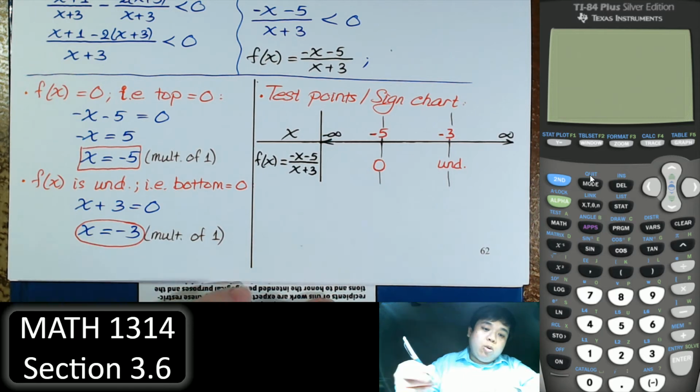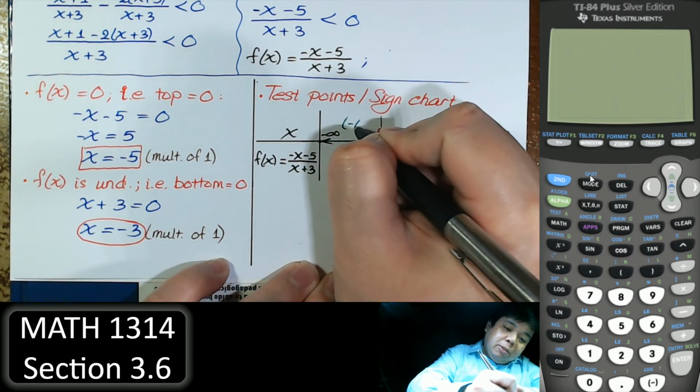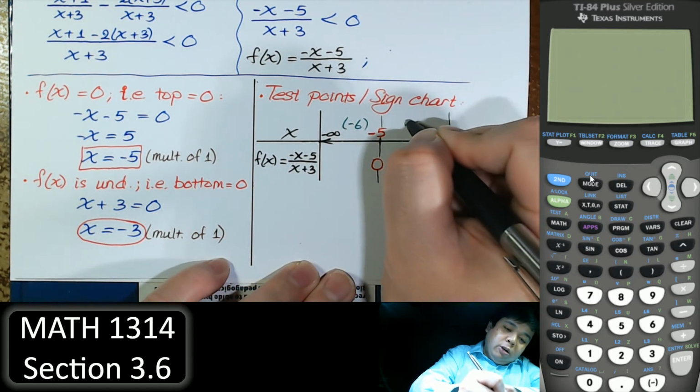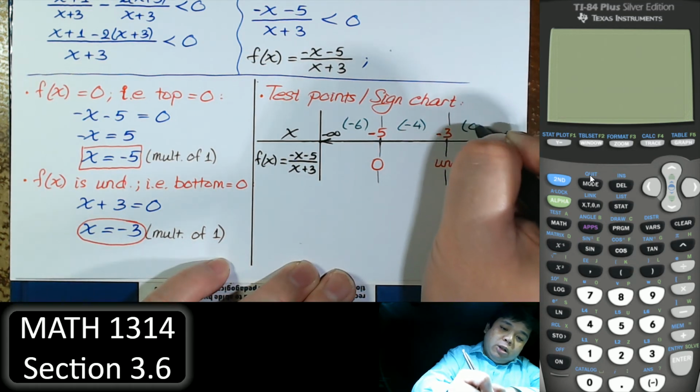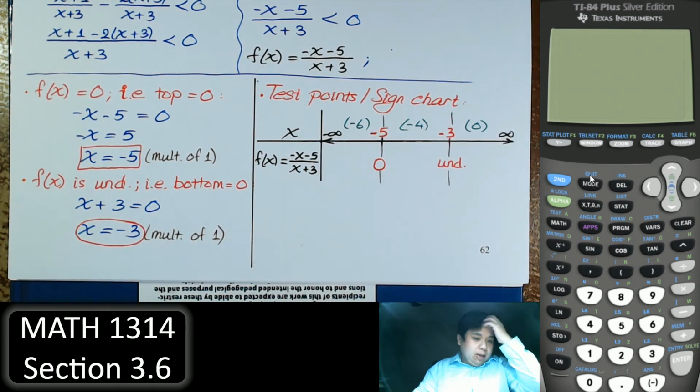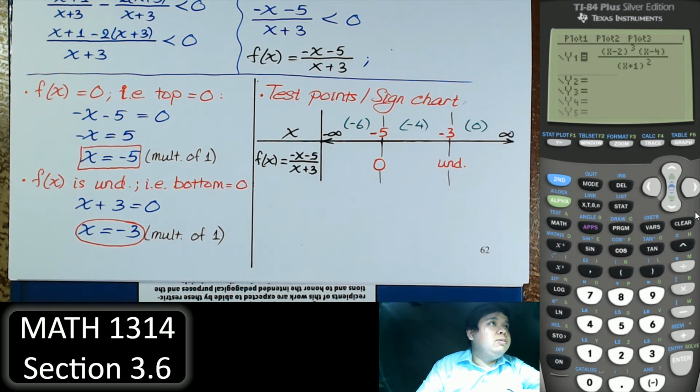Right, now test point. Negative 6, negative 4, and then 2, 0 here. Right, evaluate the function.